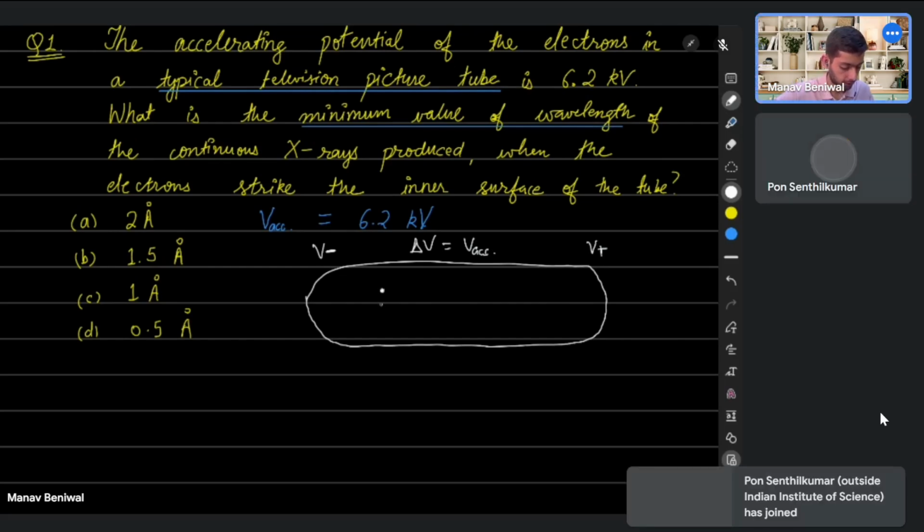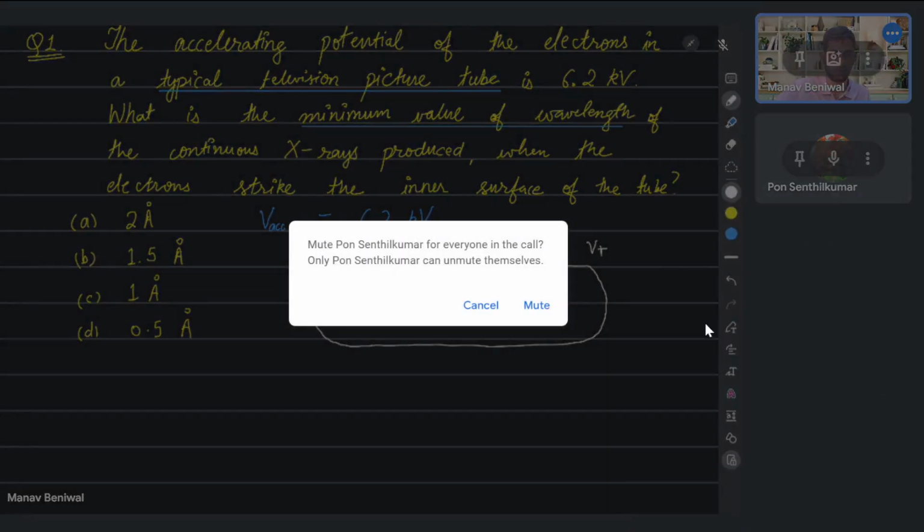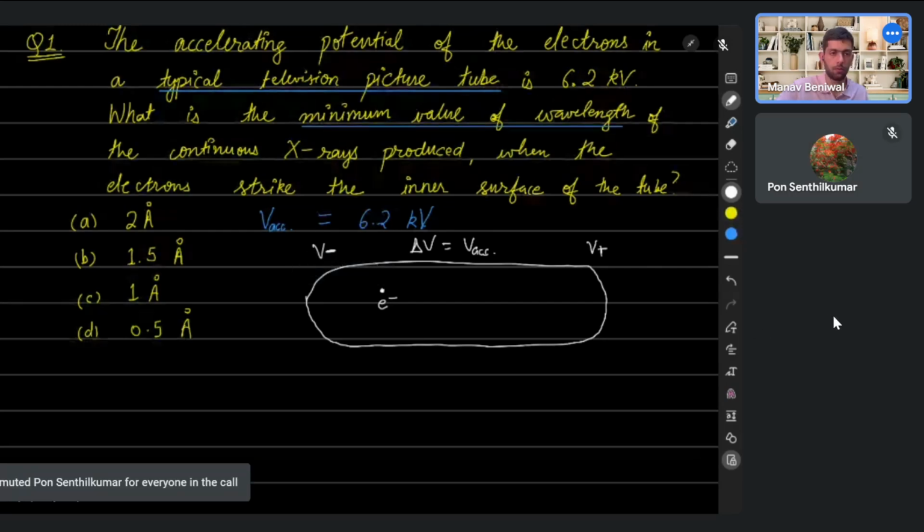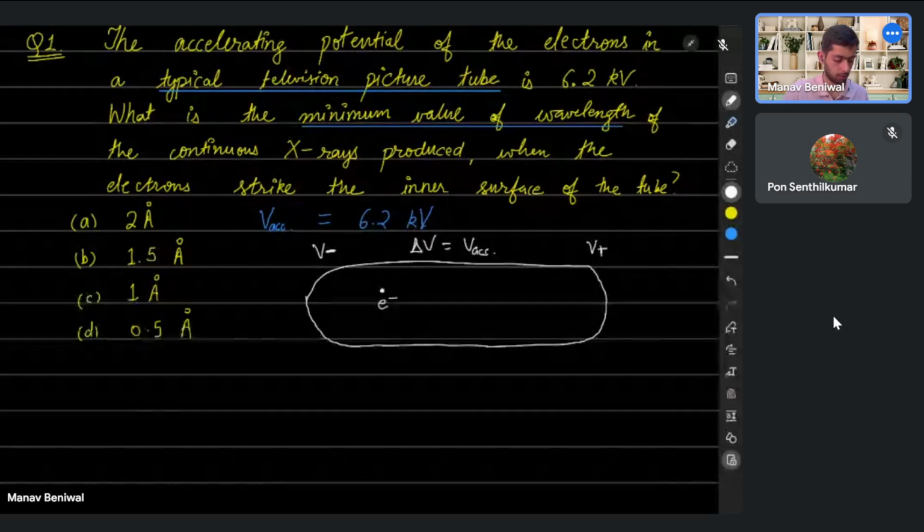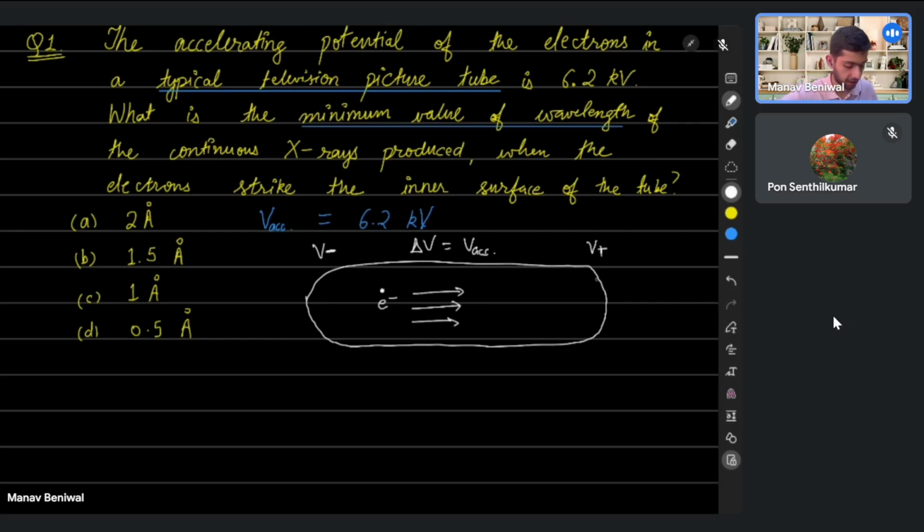So the electrons will be accelerated towards the positive potential, like this, and they will hit the screen here, and this will lead to production of X-rays. So we will get X-rays.